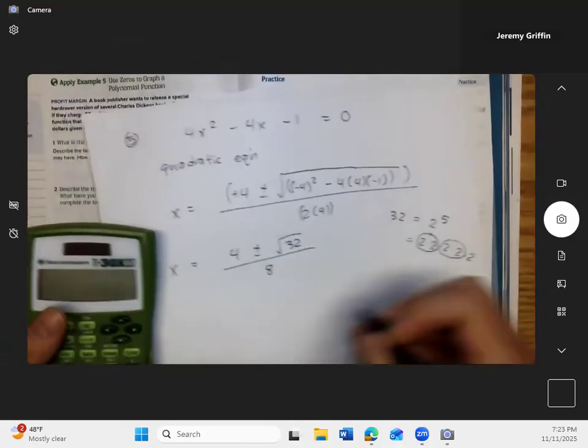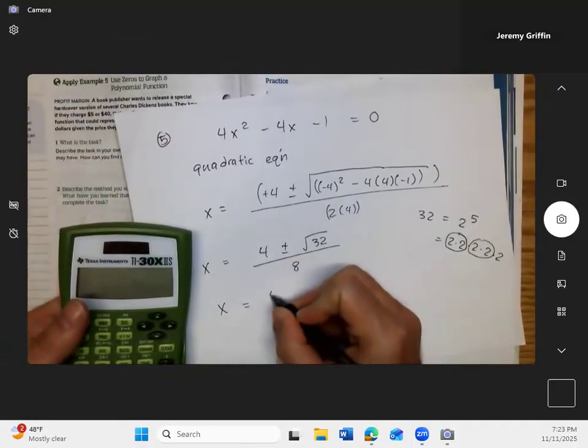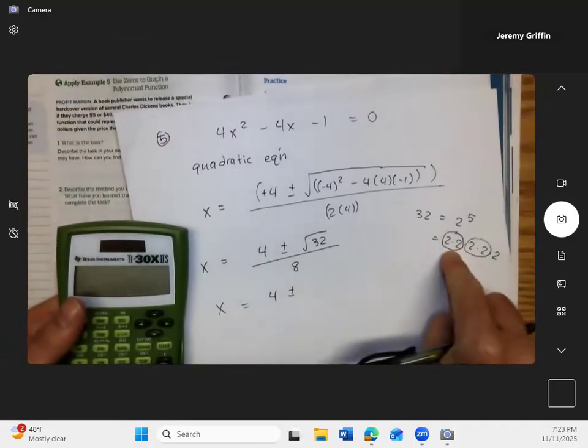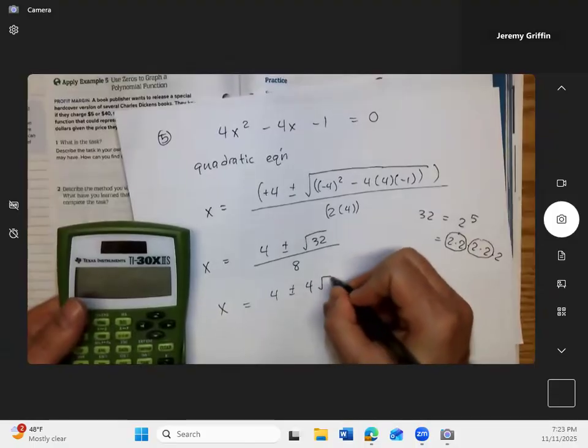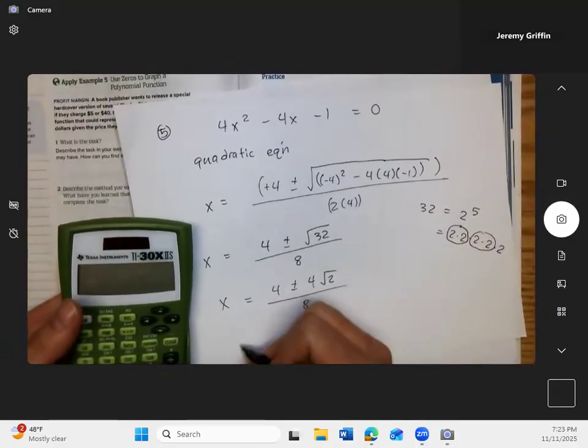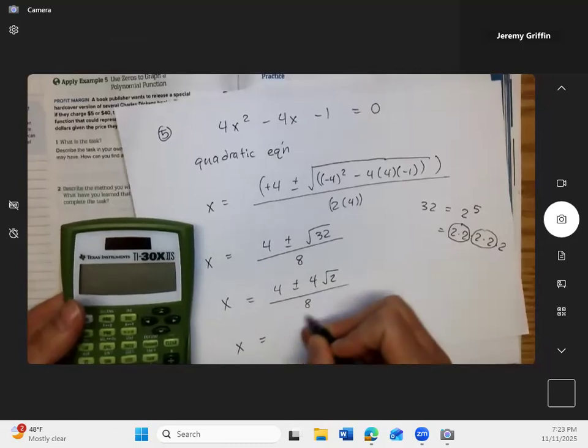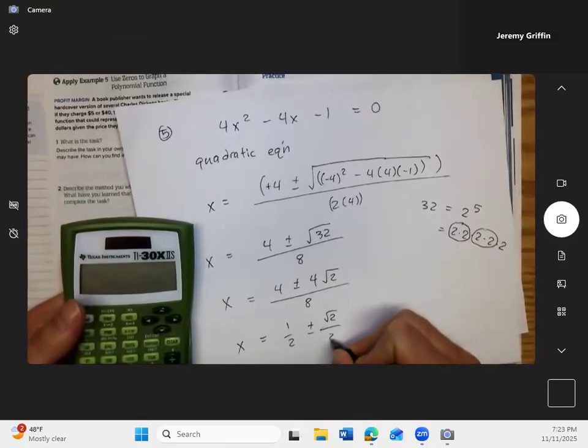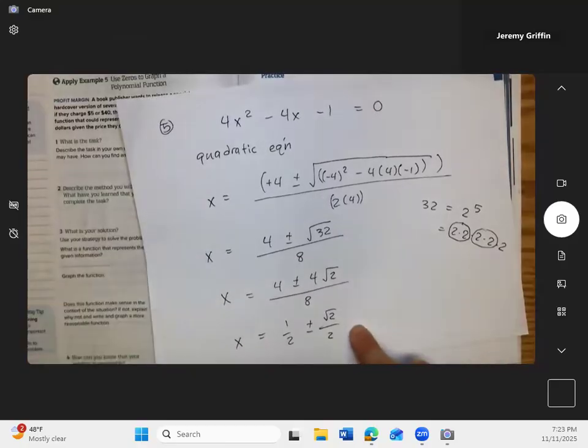It also shows a pair. So this is the same thing as 4 plus or minus, this is 2, this is 2, that makes this 4, and I still have this 2 underneath the radical. It's all divided by 8. Finally I can simplify: 4 over 8 is a half, and then plus or minus root 2 over 2. I'm looking at the teacher's guide off screen.